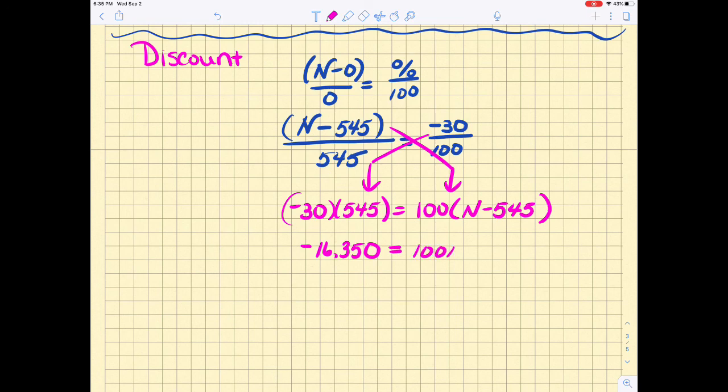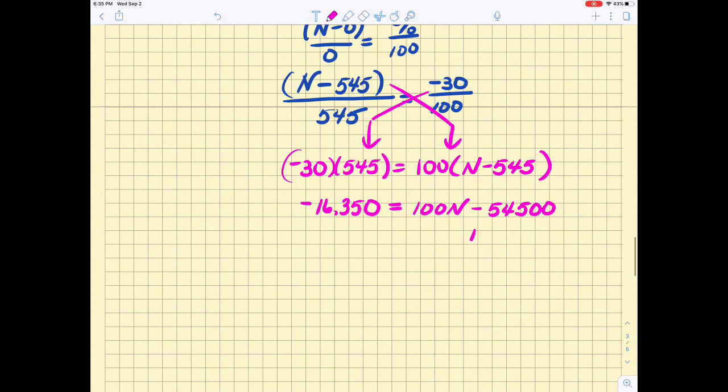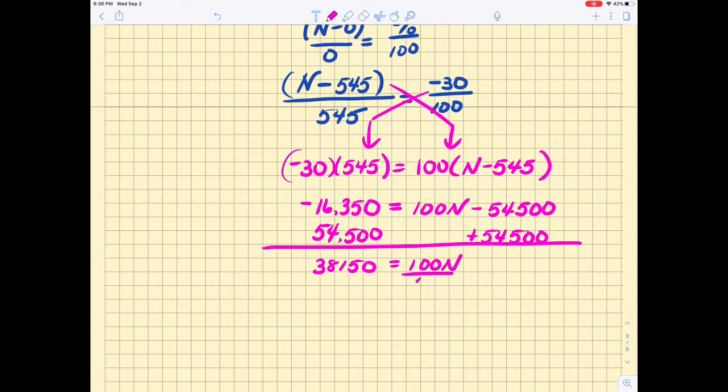So I have 100n minus 54,500. Now it's a two-step equation, so I'm going to add 54,500 to both sides, being very careful that I check my work, because I have negatives and positives going on here, so you might need to check your work with a calculator. I get 38,150 equals 100n. Divide both sides by 100.